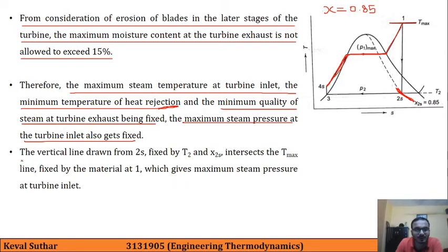A vertical line drawn from 2s, fixed by T2 and x2, intersects with Tmax, that is over here.